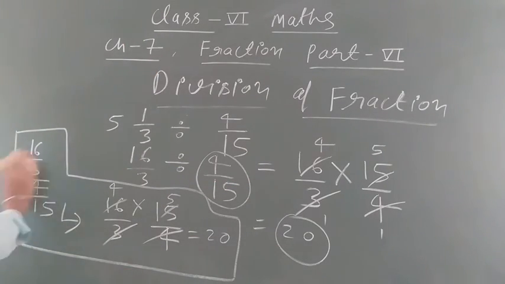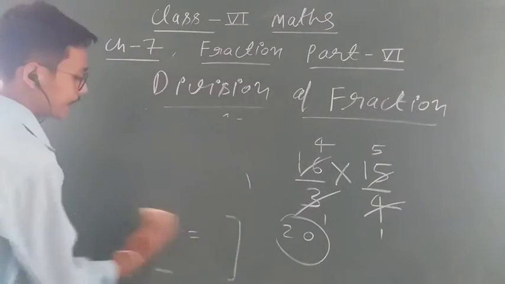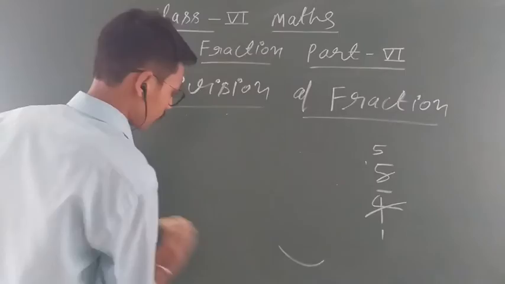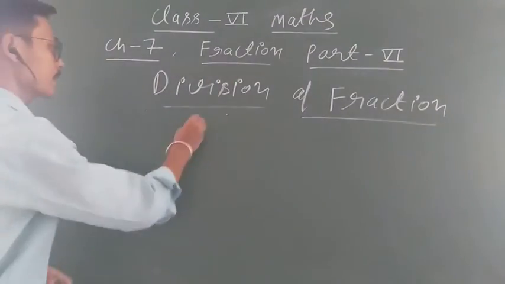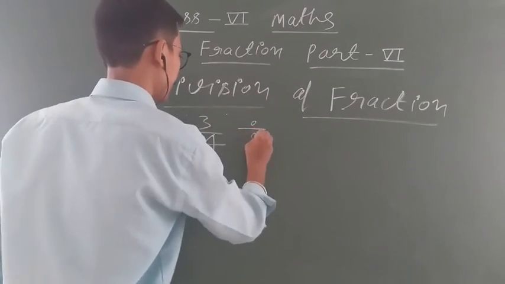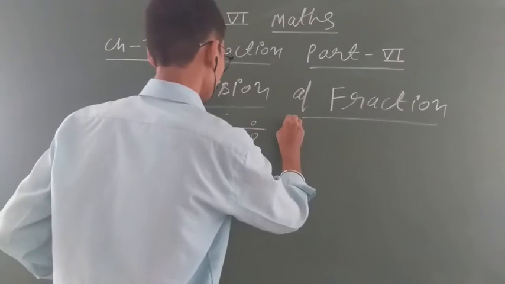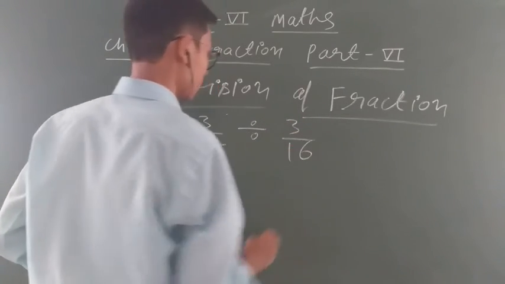Okay students? So today I explained 3 topics: division, multiplication and reciprocal. One more question I am going to take. This is the last question of this division. It is given 3 upon 4 divided by 3 upon 16. Okay students?